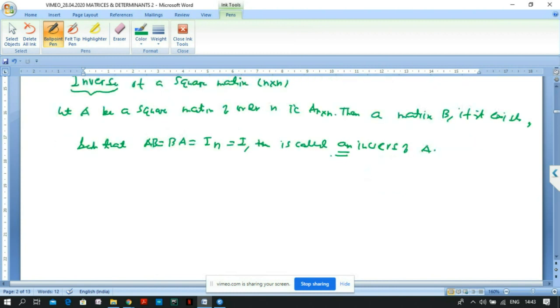We can talk of the inverse. So we'll prove that inverse is unique.